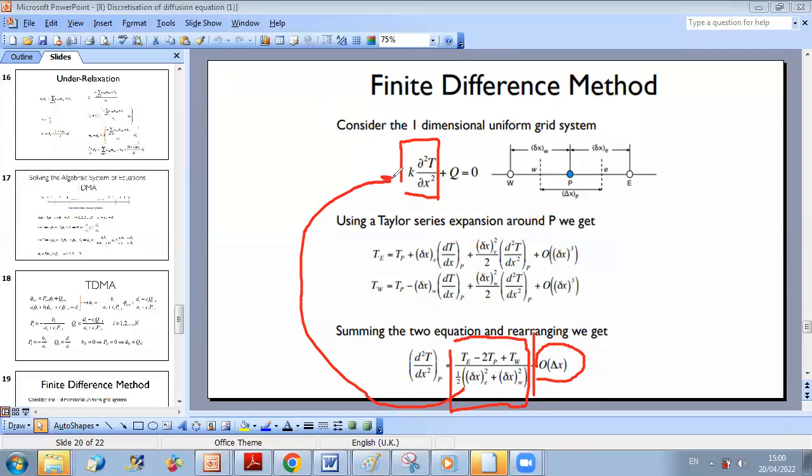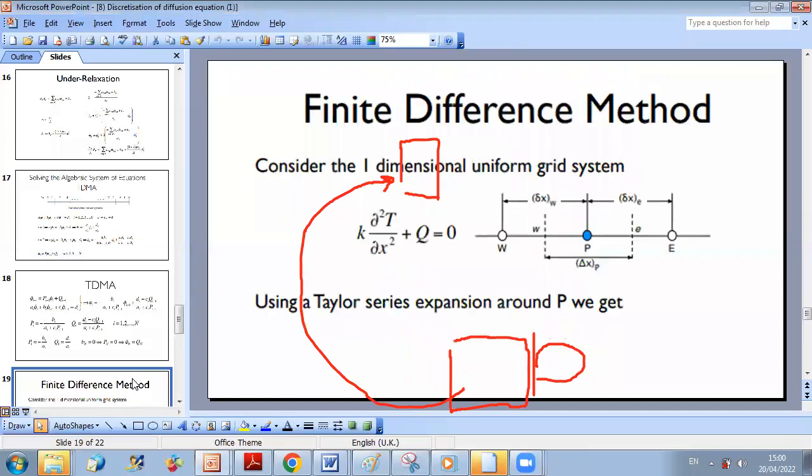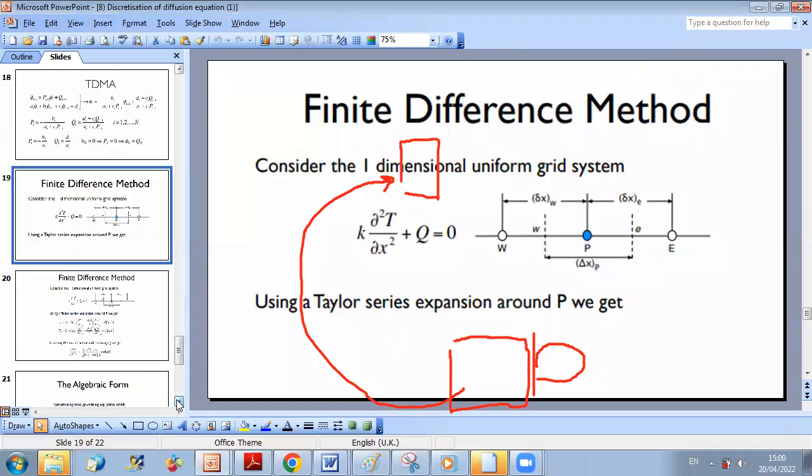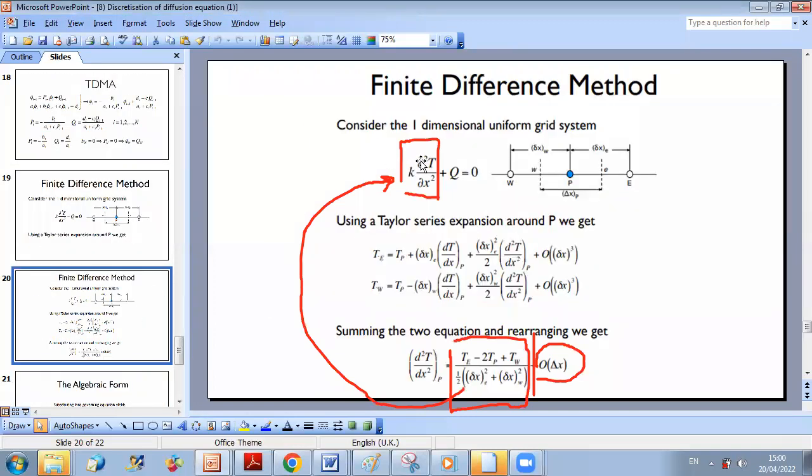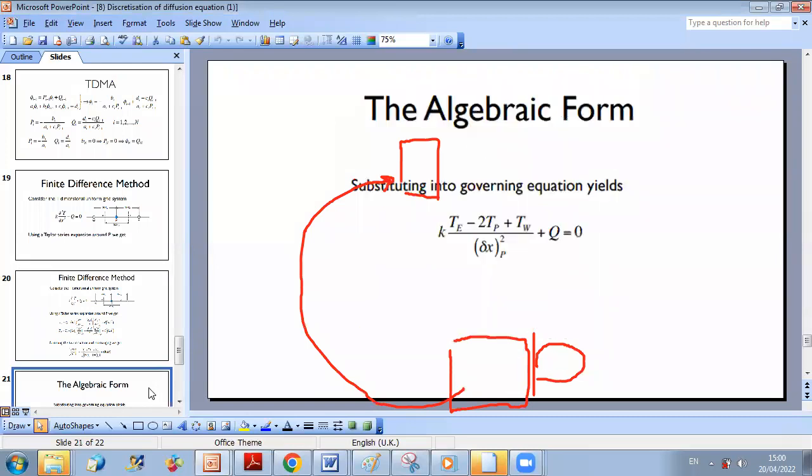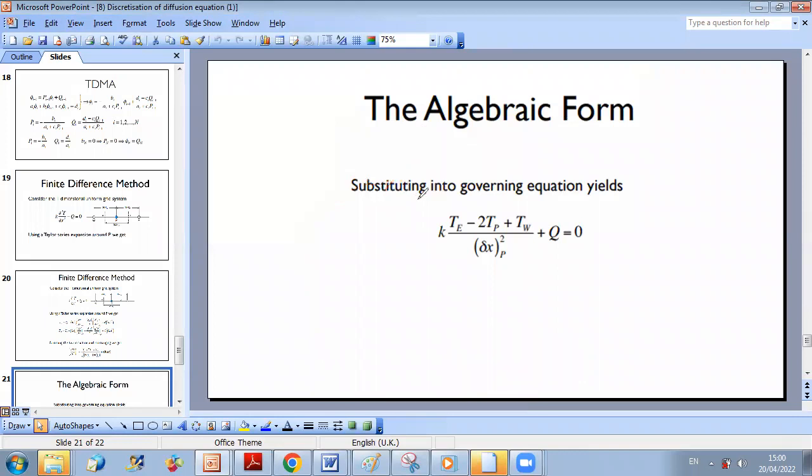So if you do this replacement you will get a numerical equation instead of a differential equation. Now you are able to have a numerical equation and you can define your coefficients.